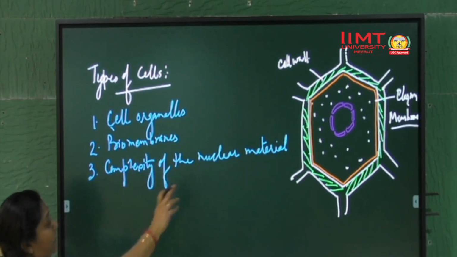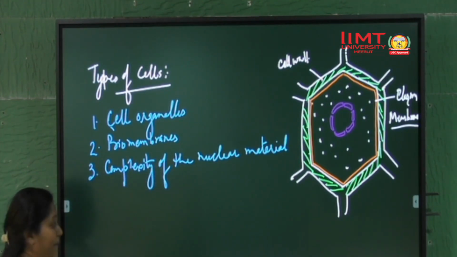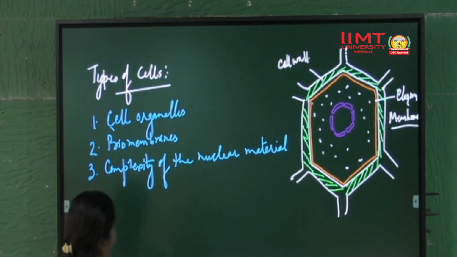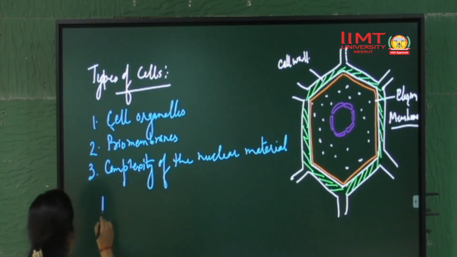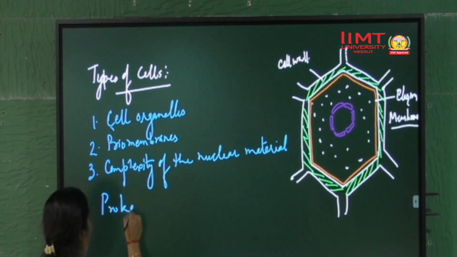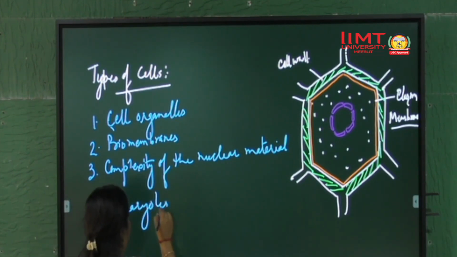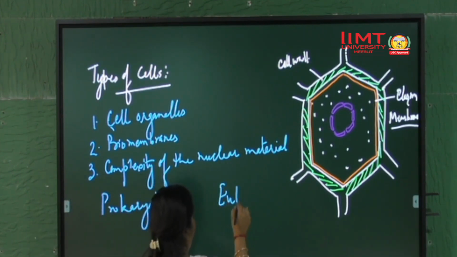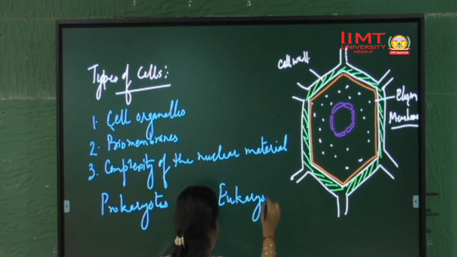These cells may be of 2 types. What are these 2 types? These 2 types are prokaryotes and eukaryotes.